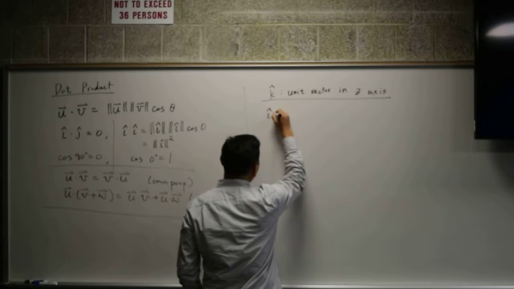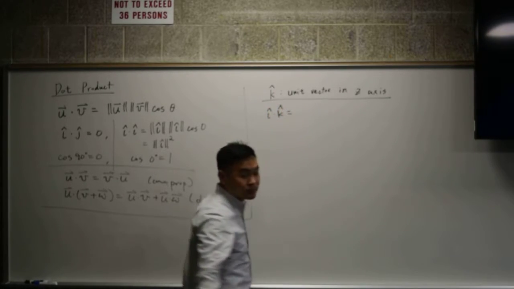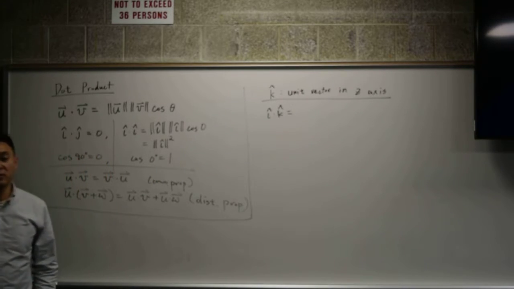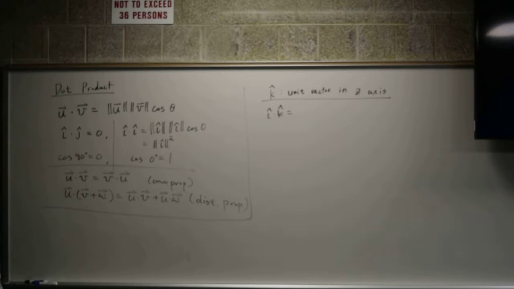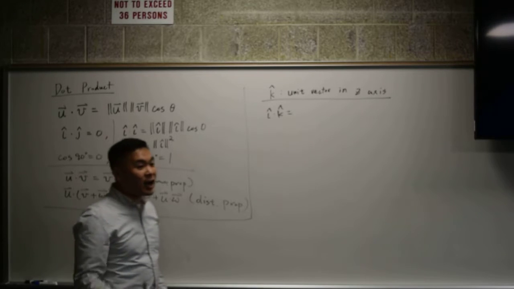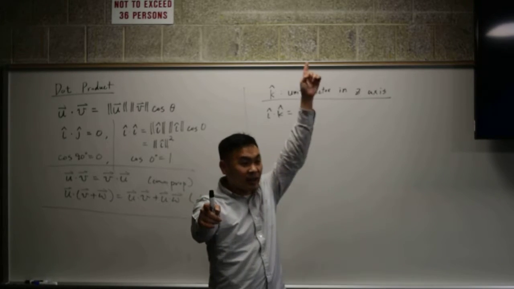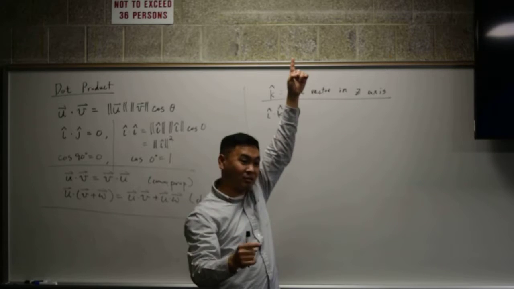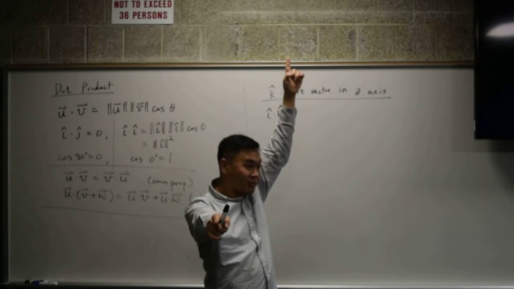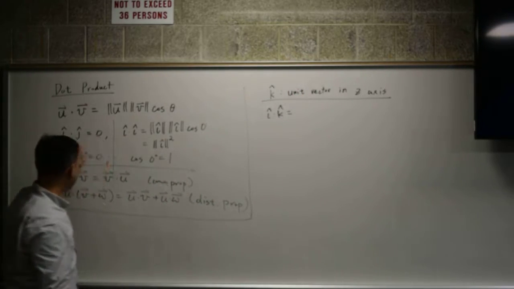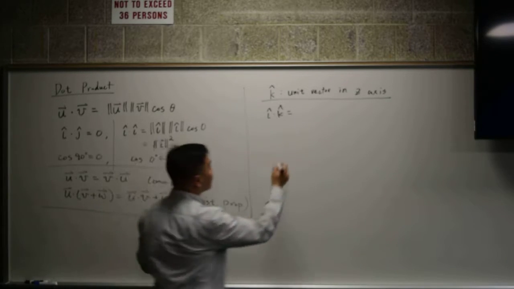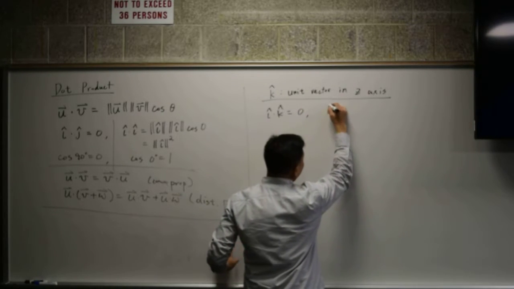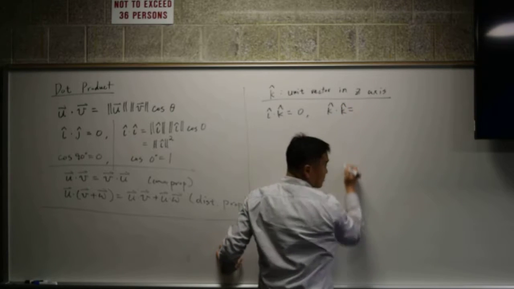All right. So let's do a little bit of exercise with this k. What will be i dot k? 0, because i, the x-axis, and k, the z-axis, are at 90 degrees. They're perpendicular. Therefore, because of the same reasoning as this, it will be 0. How about k dot k? 1.